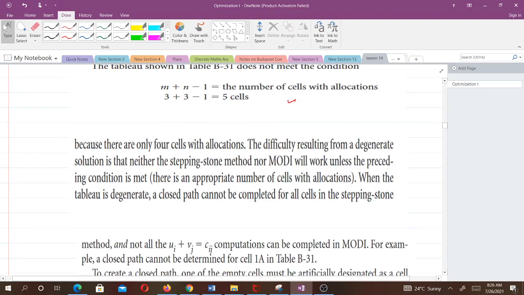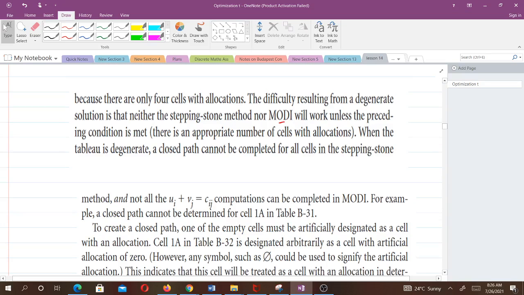The difficulty resulting from a degenerate solution is that neither the stepping stone method nor the modified distribution method will work unless the preceding condition is met. When a tableau is degenerate, a closed path cannot be completed for all cells in the stepping stone method, and not all the ui plus vj equals cij computations can be completed in the modified distribution method.